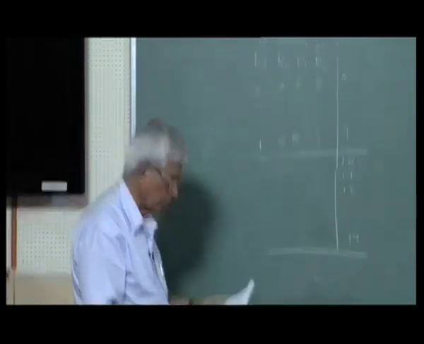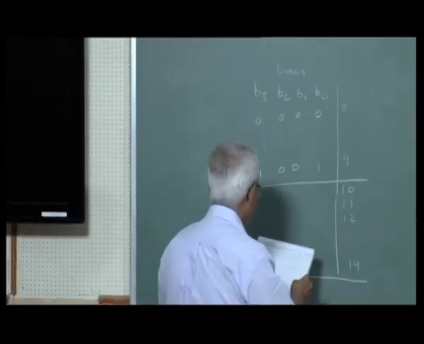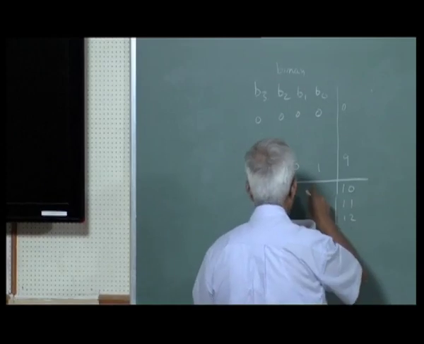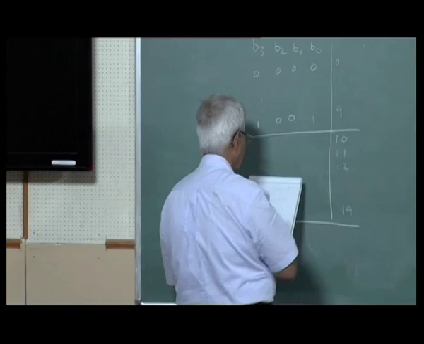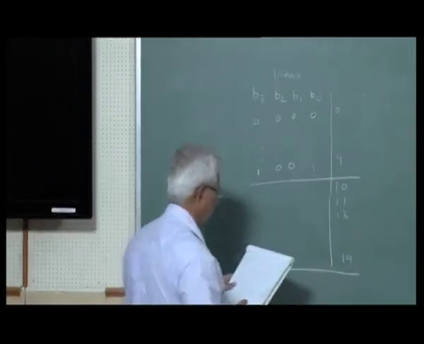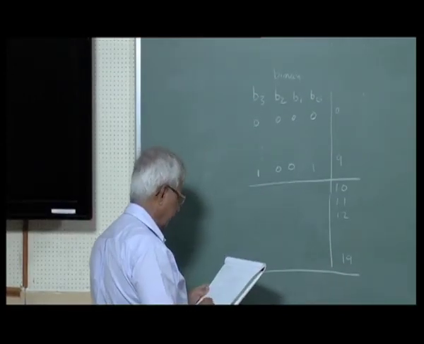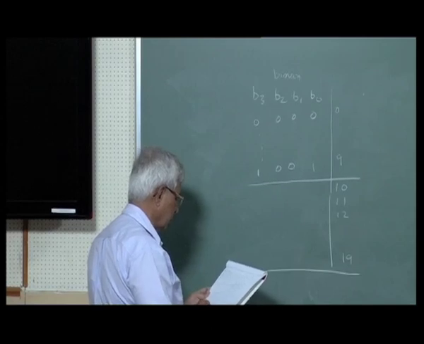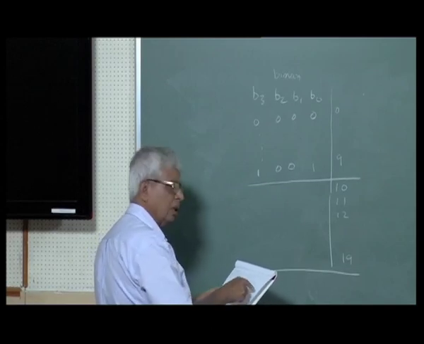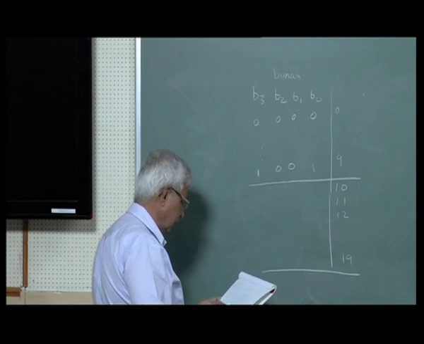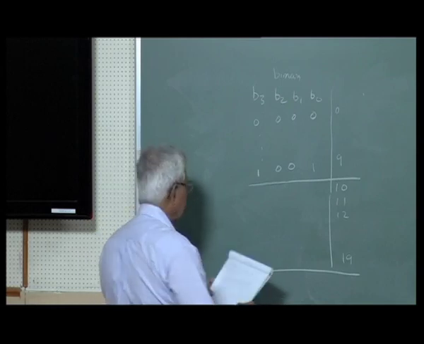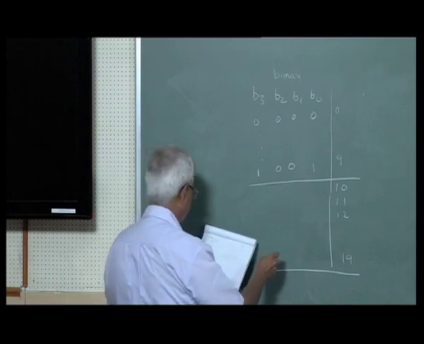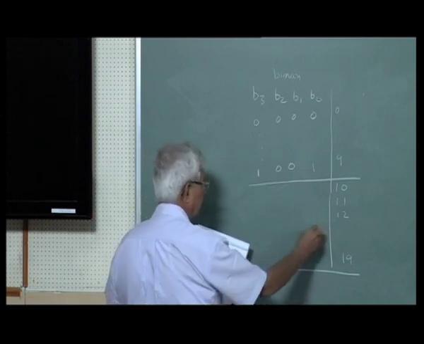Now when the sum exceeds 1 0 0 1, I add extra hardware to handle this. For example, there is no carry up to 15.